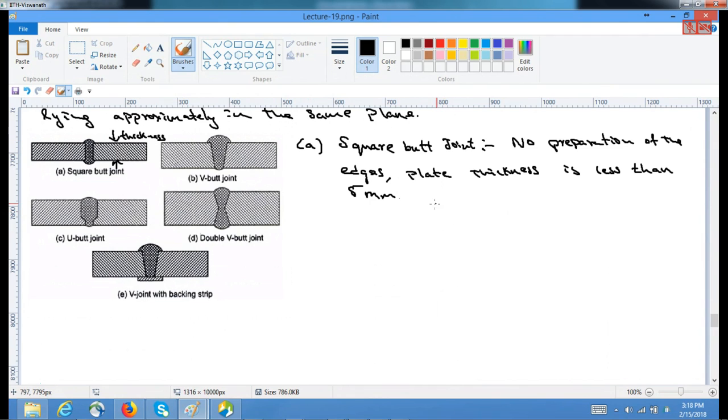And when the plate thickness is less than 5 mm, these are used, and the way it appears, you can see, is in a squarish manner. So that's the reason these are called square butt joints. Whereas when the plate thickness is greater, the second one is the V butt joint.